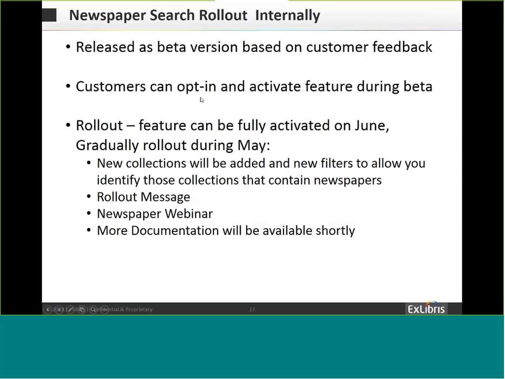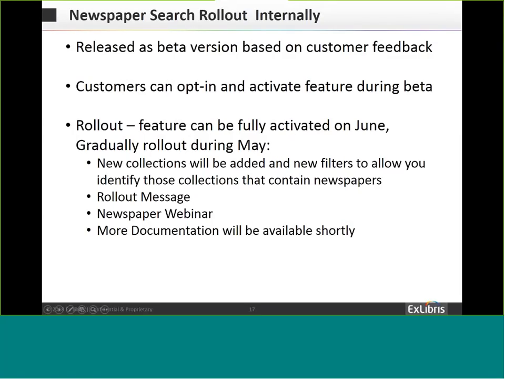The current existing collections that you currently have activated as Primo Central will also be activated and mapped to the new newspaper article index. As said, you can choose to opt in to this feature.